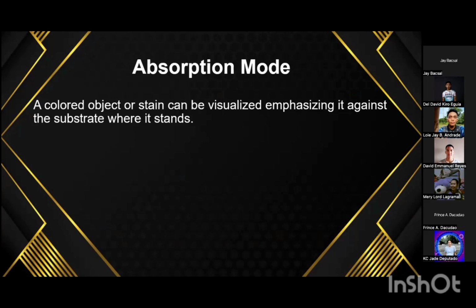With care, this procedure can be used to produce a surprisingly lifelike image of a colored object or stain on a white or other colored surface. A photograph taken in the absorption mode can then be inserted into the image to create a final color reproduction of the object or stain.